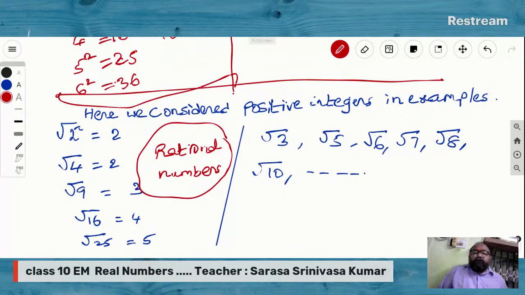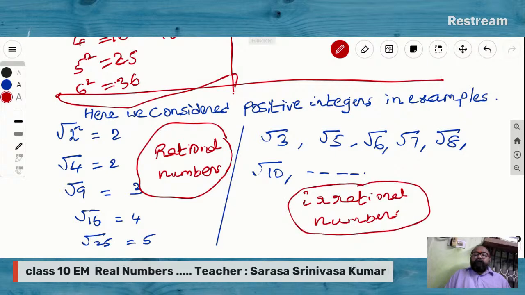The square roots of non-perfect square numbers are irrational numbers. Students must understand this difference. So, all square root numbers are not irrational numbers. Only the square roots of non-perfect squares are irrational numbers. The square root of a perfect square is considered a rational number.